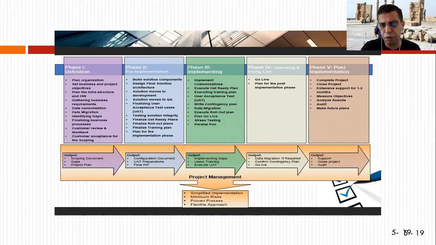So the output would be a support, close the project, and get audited to see whether you have delivered on the functional requirements, or the workload in that time, or before or after time, and at the cost that is looked for.